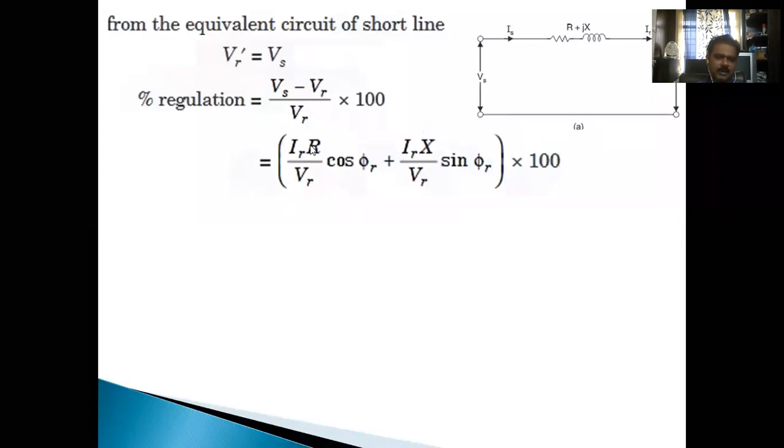So you finally get IR into R by Vr cos phi R plus IR x by Vr into sin phi R, into 100. This is the expression for percentage regulation of a short transmission line.